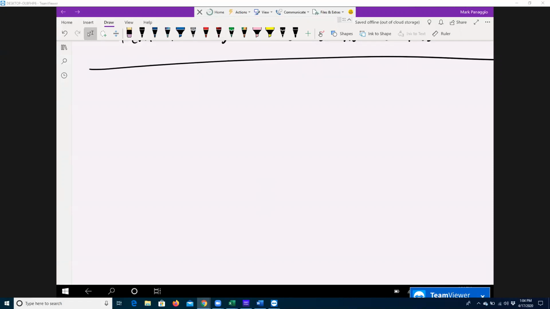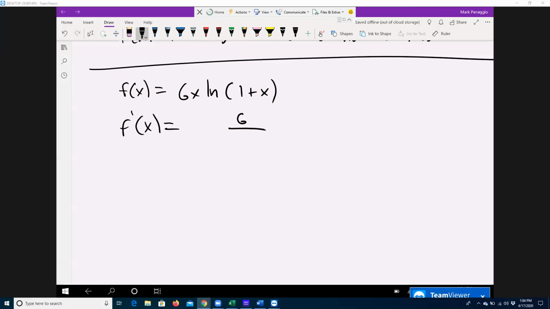Okay. All right, so why don't you walk us through how you went about finding this power series? So I started off by taking the derivative of the original function we were given. Okay. So that gave me 6 over 1 plus x. All right, so you take a derivative and you apply the... so I have 6x ln of 1 plus x.